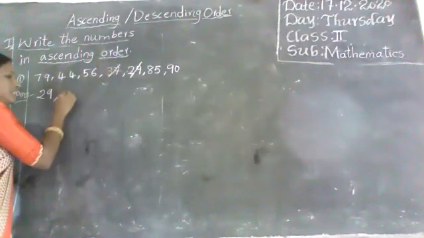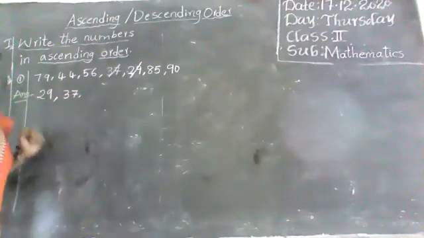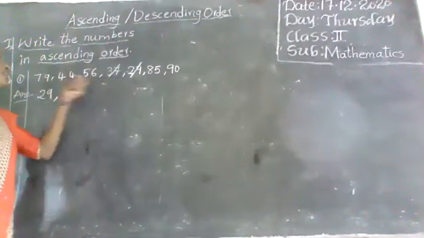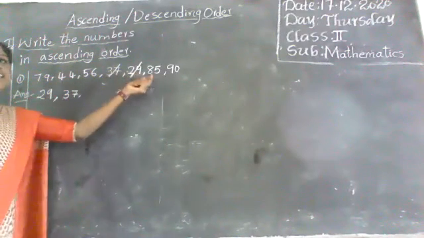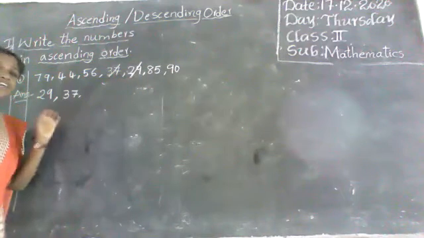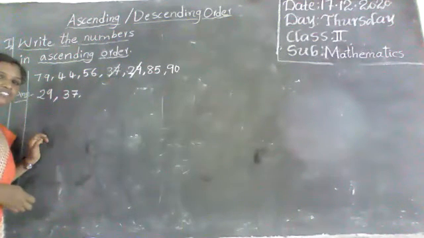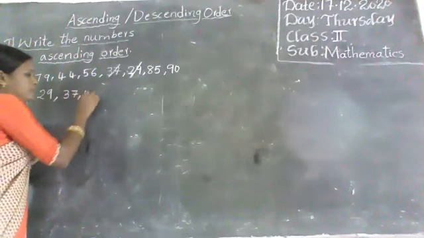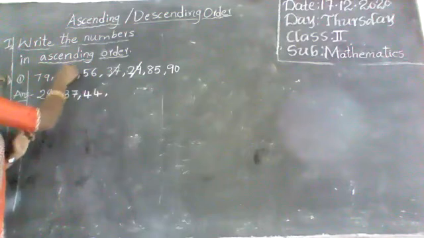You take it like this. 37. Next, 37 is also completed. Remaining: 79, 44, 56, 85, 90. Which is the smallest? Very good, 44. Cut it like this.